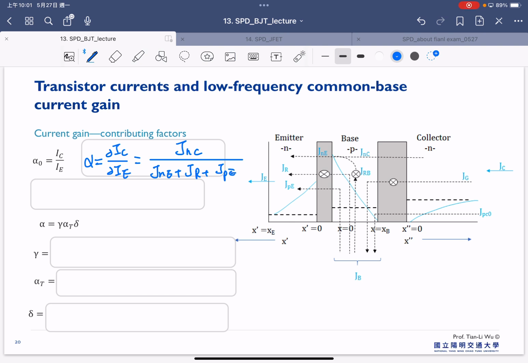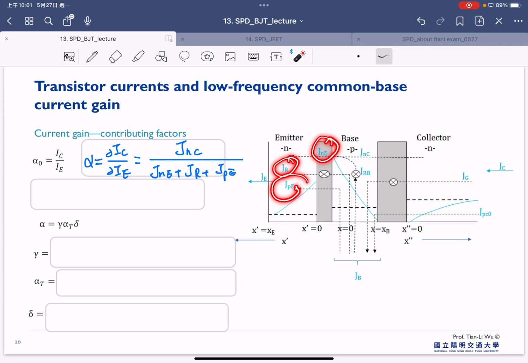So that's our purpose. As I said, you might get confused when we describe all these contributions, but in the end our goal is to go into the details to understand what current components in the end make up the emitter current. We now realize that there are three current components: this one, and this one.